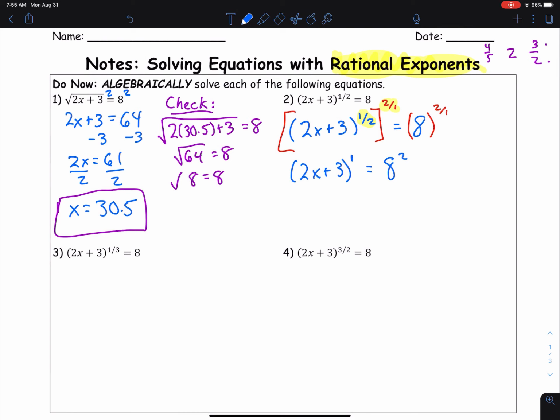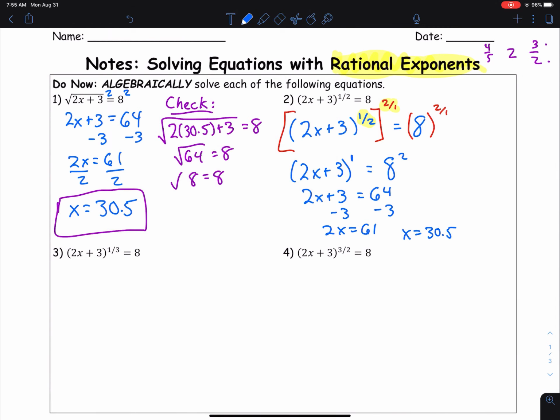And anything to the first power is just whatever is being raised to the first power. We don't have to write that first power. So it would be 2x plus 3 equals 8 squared, which is 64. And we do the same thing from here, solve, and you should get x is equal to 30.5.